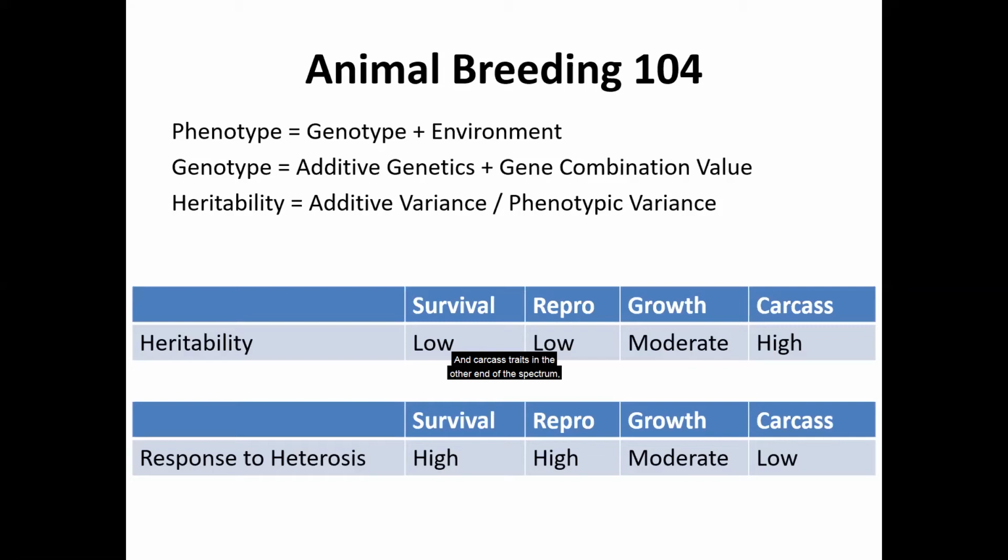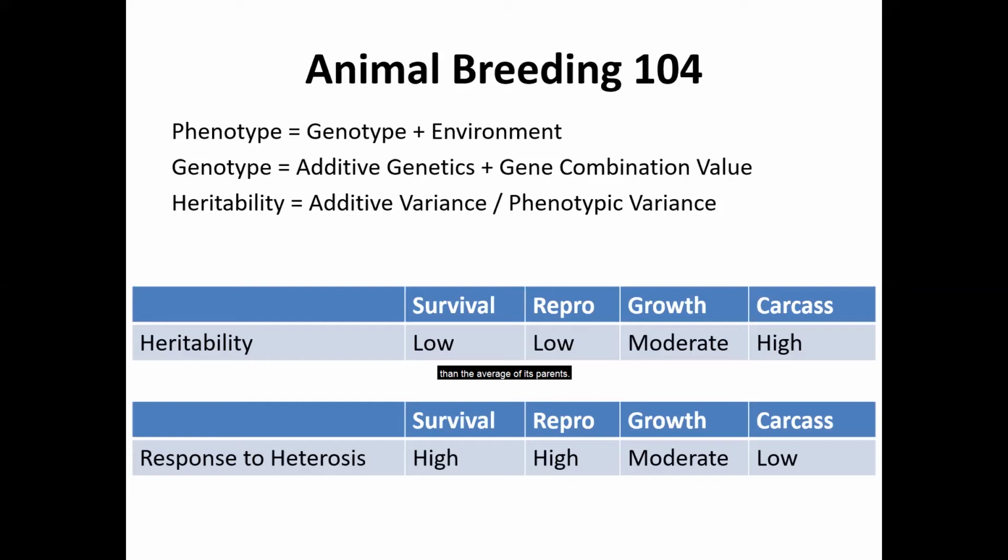But we have a powerful tool for lowly heritable traits in crossbreeding for heterosis. And carcass traits on the other end of the spectrum respond well to selection, but don't have a great boost from heterosis. Now, what does heterosis mean at the genetic level?